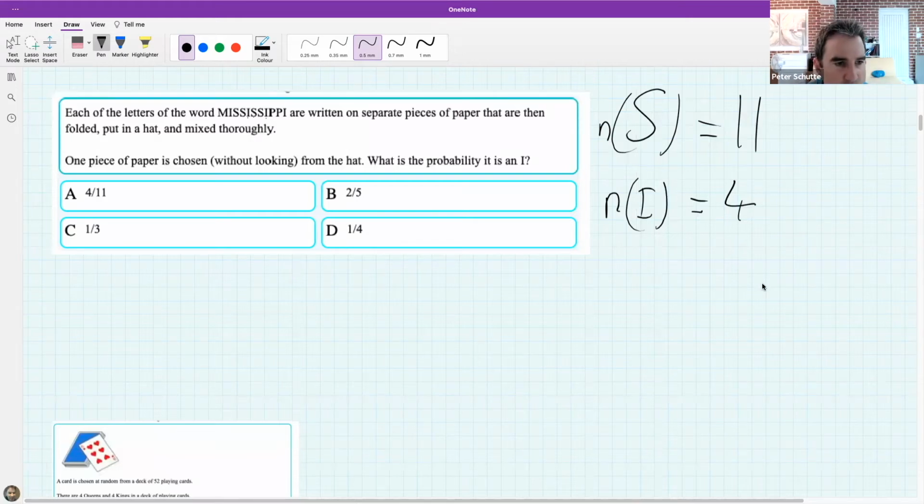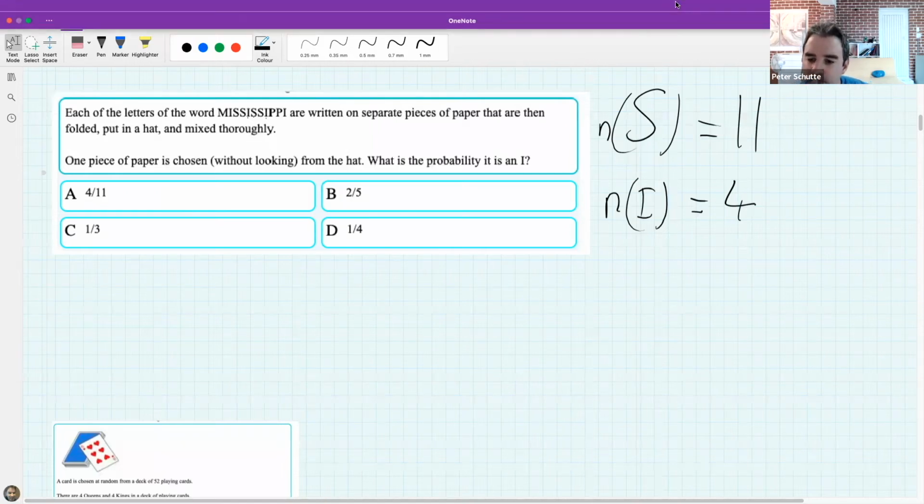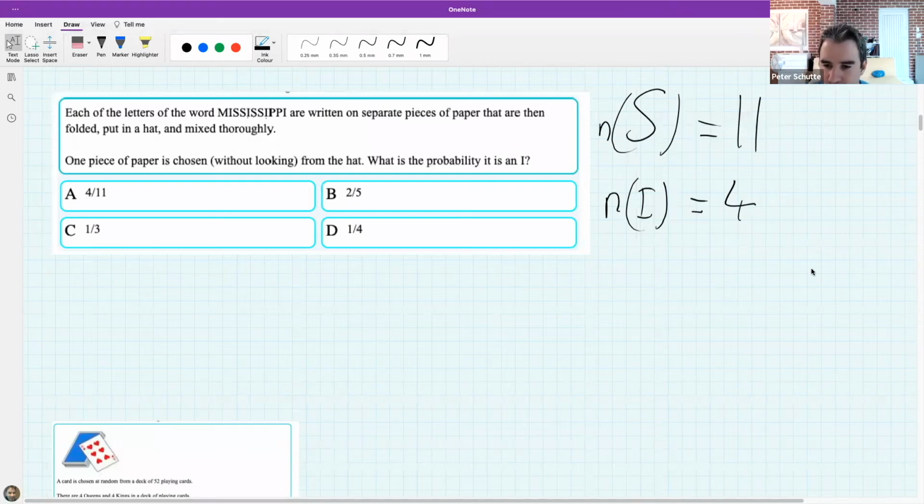And so what does that mean about my probability calculation? Anybody else?